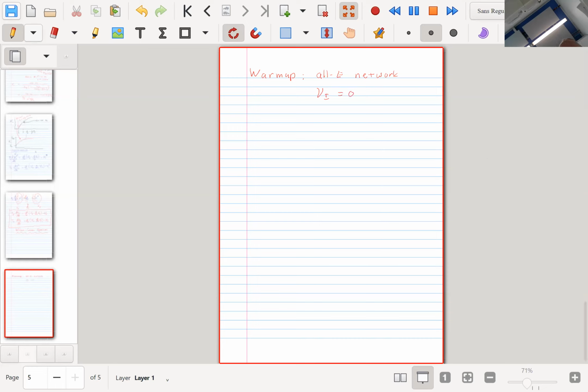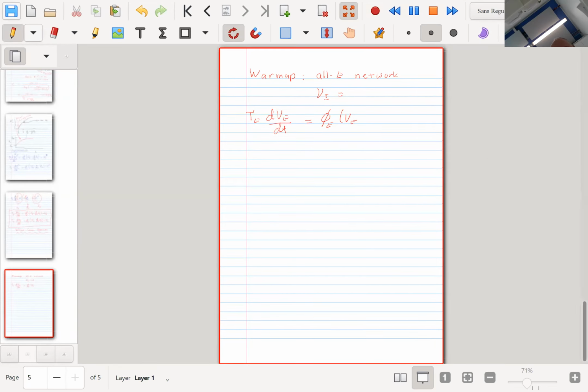So our equations become tau E d nu E dt equals phi E of nu E. Actually, instead of setting it to 0, I'm going to set it to some fixed value, nu I 0. So we don't allow it to change, but it can be some non-zero value. Minus nu E.